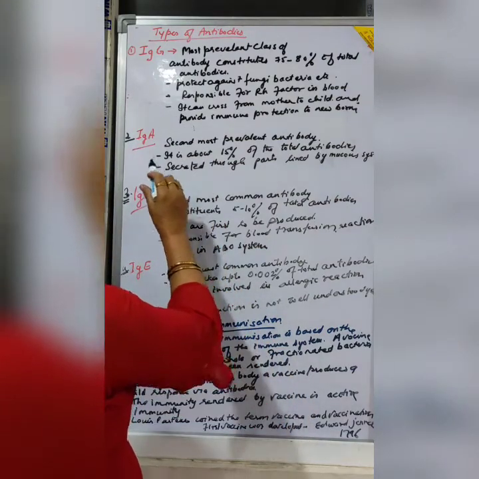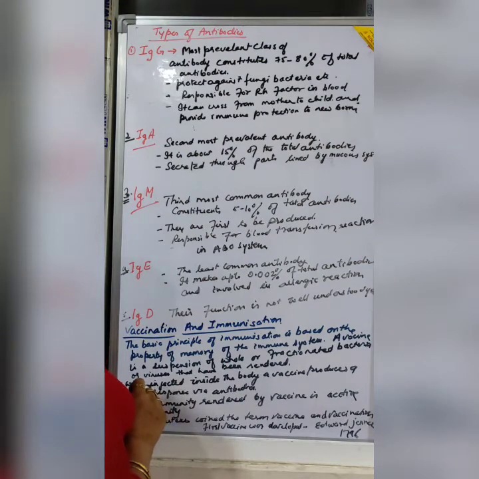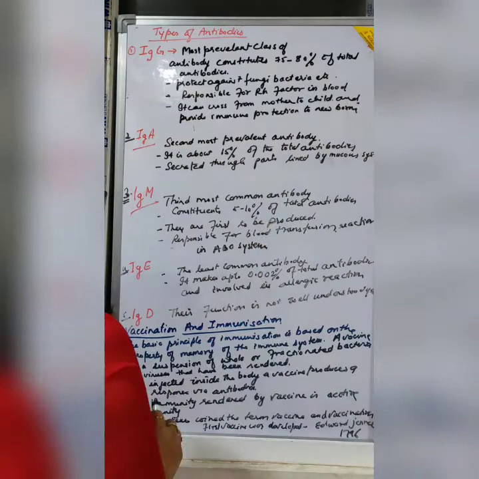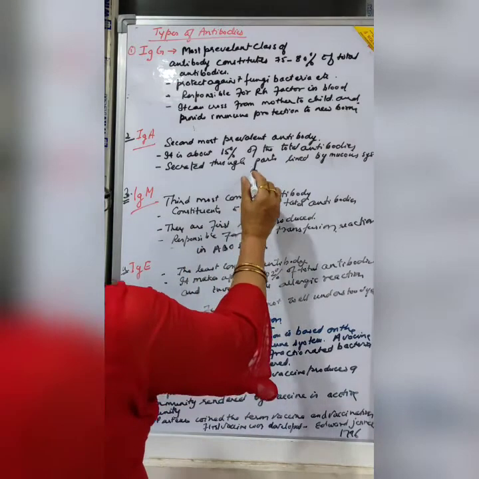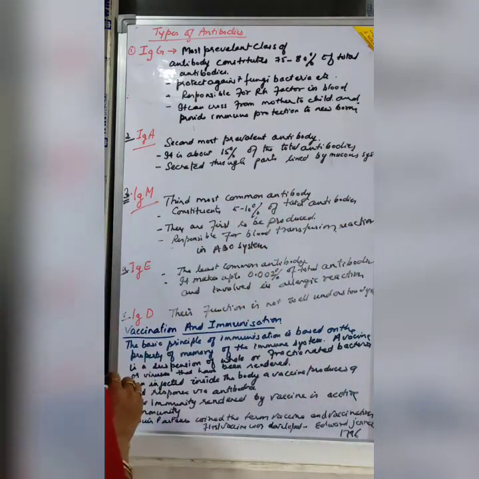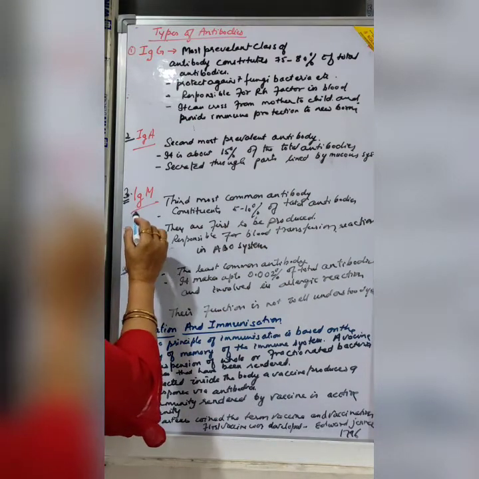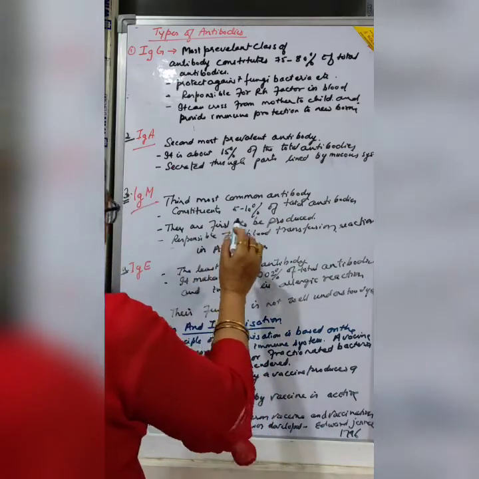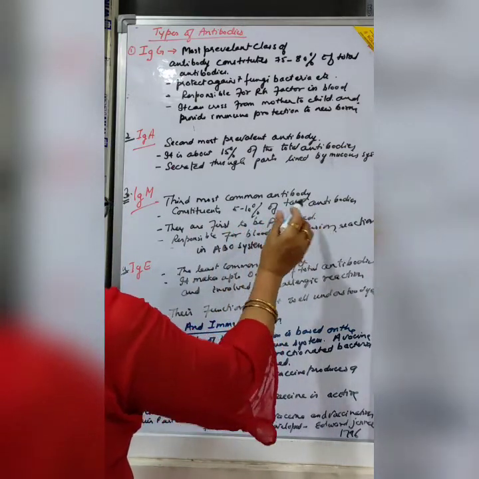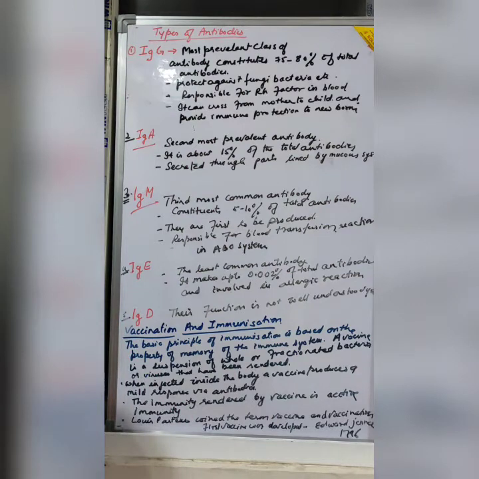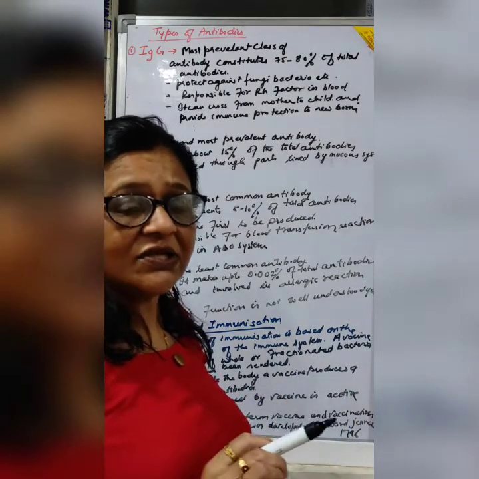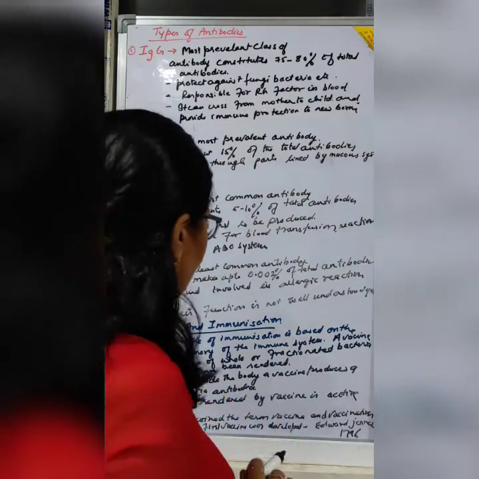Then second is IgA, the second most prevalent antibody. It is about 15% of the total antibodies, secreted through the parts lined by the mucous system. Third is IgM, the third most common antibody, constituting 5 to 10% of total antibodies. They are the first to be produced and are responsible for the blood transfusion reaction in ABO blood group.